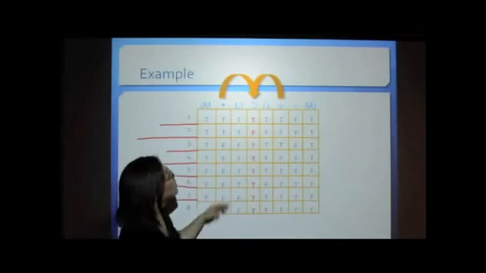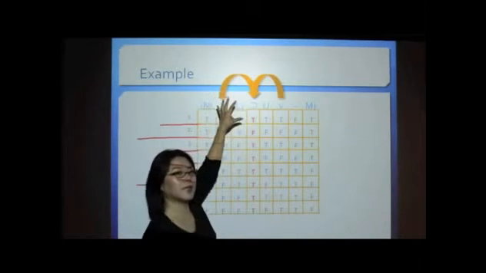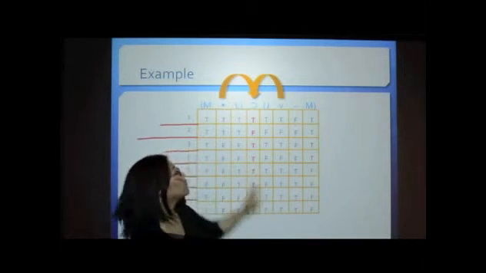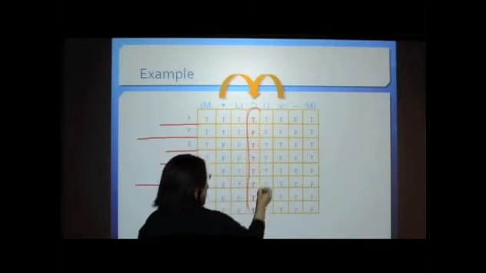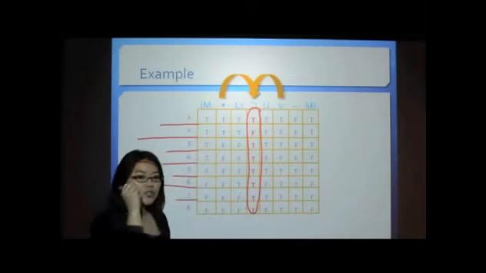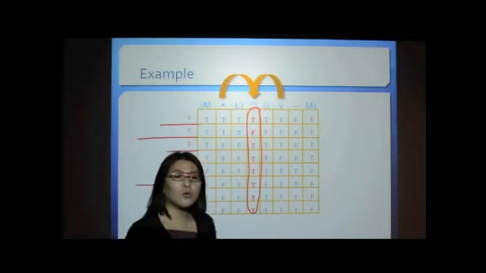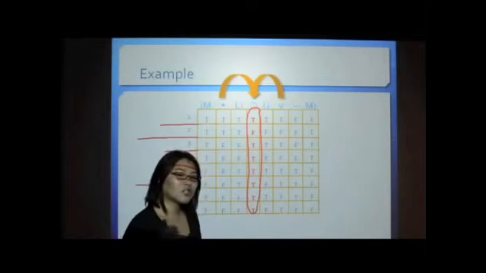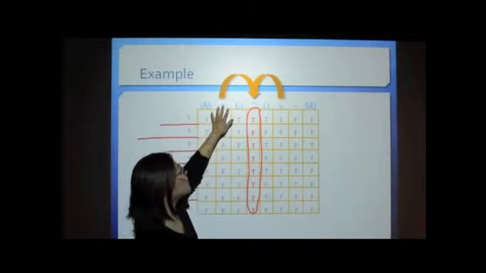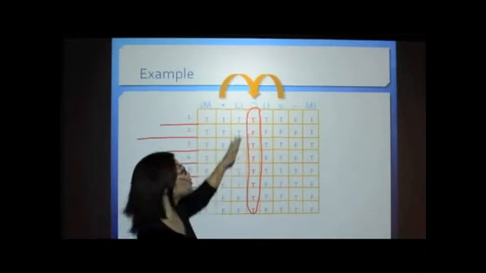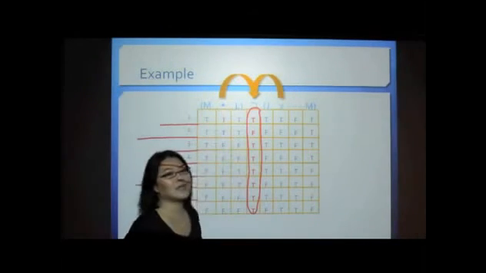Now here's the thing. These are all truth values for the parts of the conditional statement, okay? But the truth value for this entire statement is in this column here, okay? So these are the truth values for this statement. Now, when I'm talking about truth values for this statement, when we're using a truth table, what we're talking about is all the possible ways that this statement can be either true or false. So these are possibilities, okay, in terms of truth value that this statement can have.